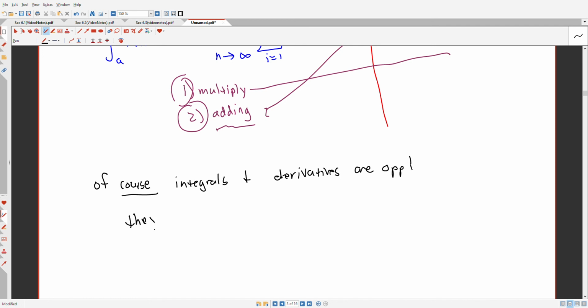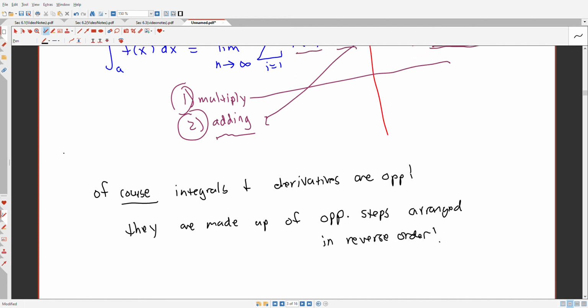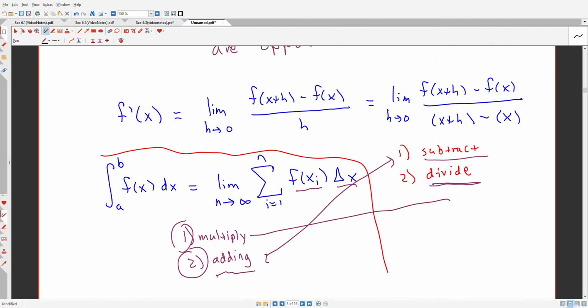They are made up of opposite steps arranged with respect to the other in reverse order. Deep down in your bones, it shouldn't be surprising that integrating and differentiating are opposite, because deep down in your bones, you know that adding and subtracting are opposite, and dividing and multiplying are opposite.